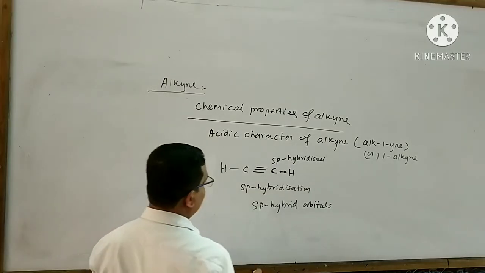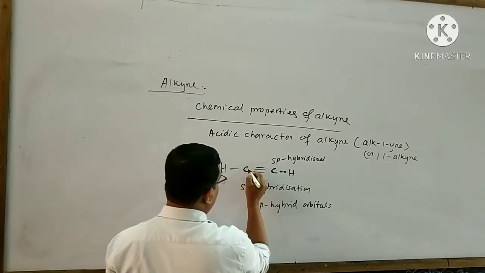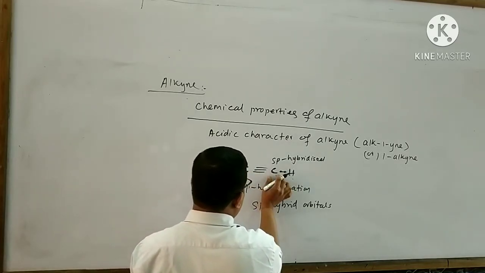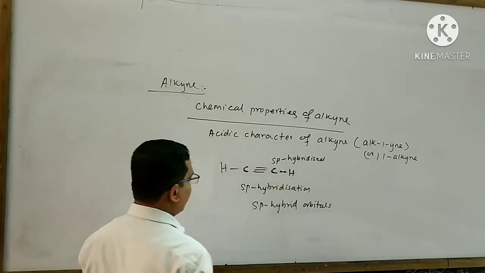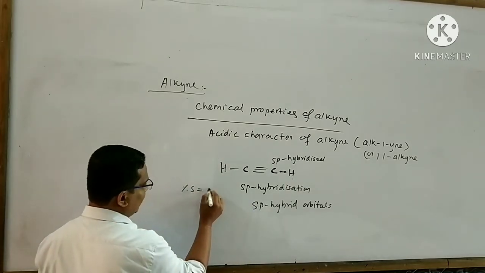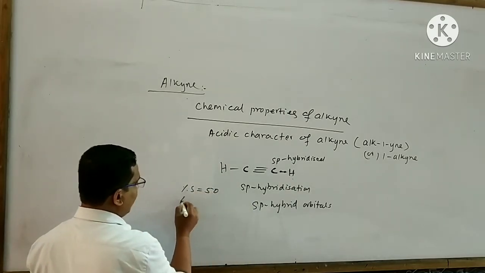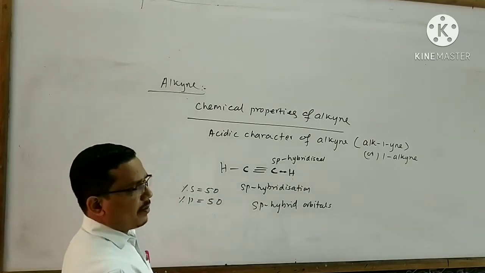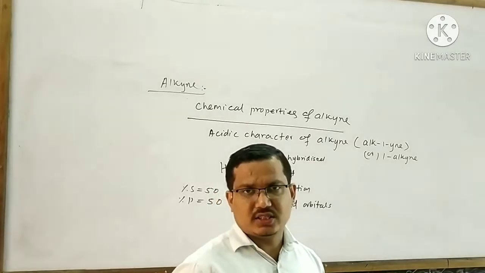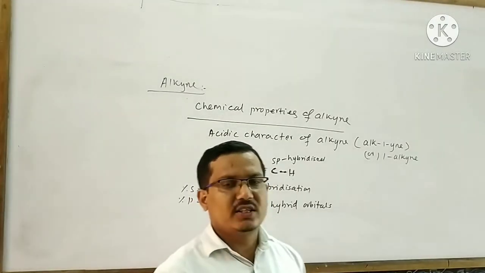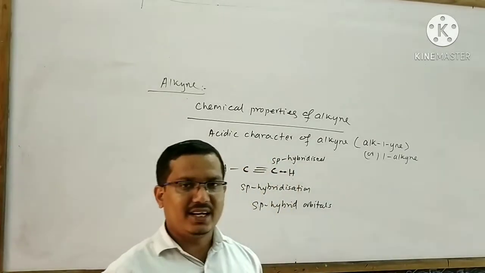Again I will repeat. Look at that. This is your sp hybridized carbon atom. This is also an sp hybridized carbon atom. We know that in an sp hybrid orbital the percentage of s character is 50%. The percentage of p character is also 50%. But if I think about other hybridizations like sp2 and sp3, the percentage of s character is very less.